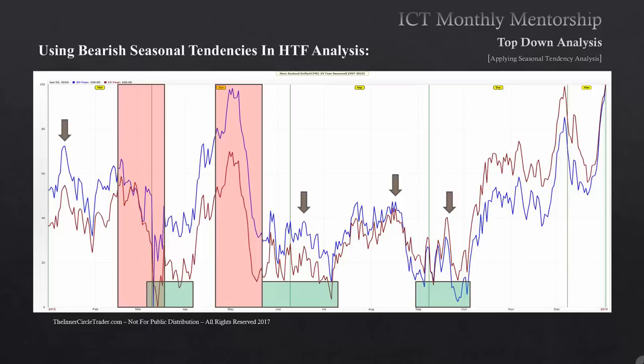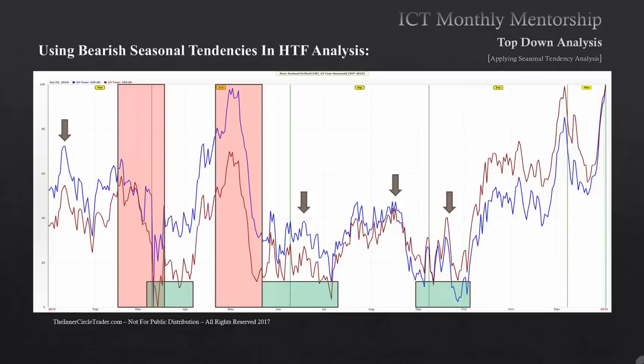If we're in a bearish market, that means mid-February to mid-March is going to be an amazing sell-off, and May is going to be an amazing sell-off. And August can create a nice sell-off as well, leading down to the fall lows. There's also another long in here that I don't have an arrow to highlight, but it's that last week of November going into the first week of December. That's a nice little buying opportunity as well.